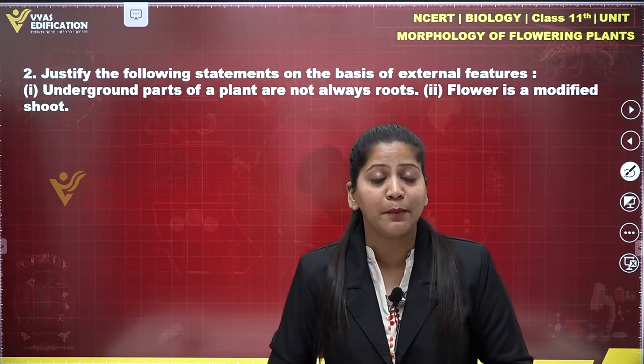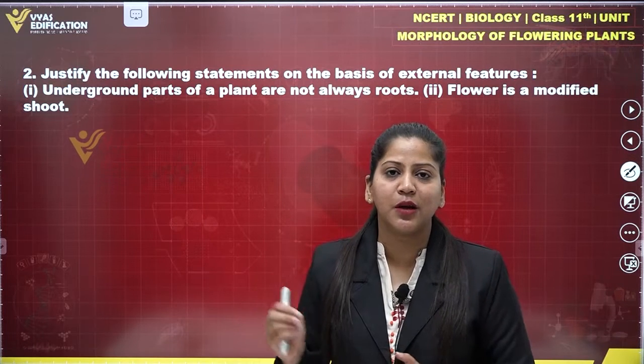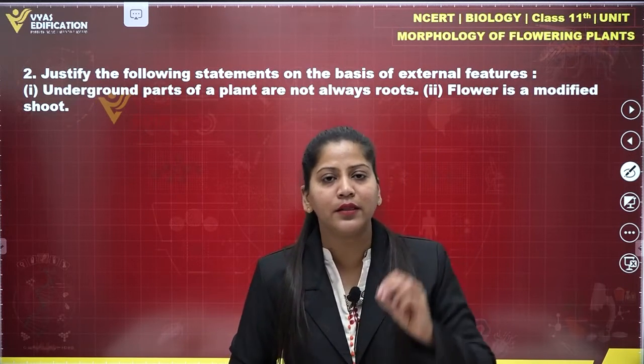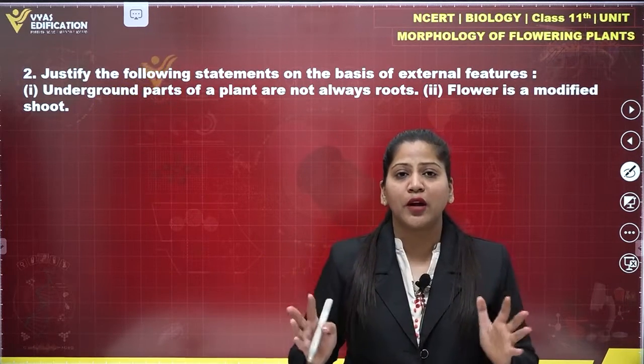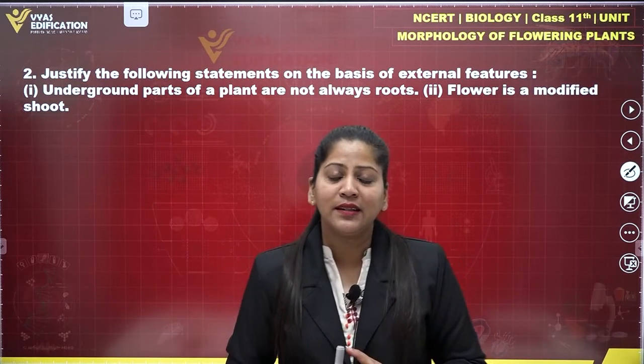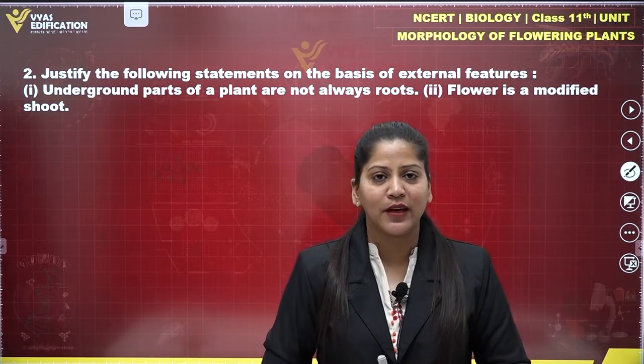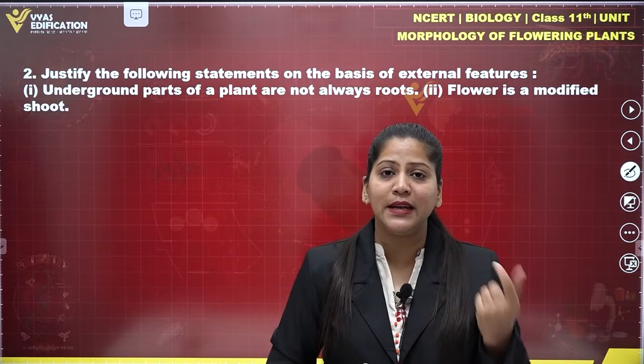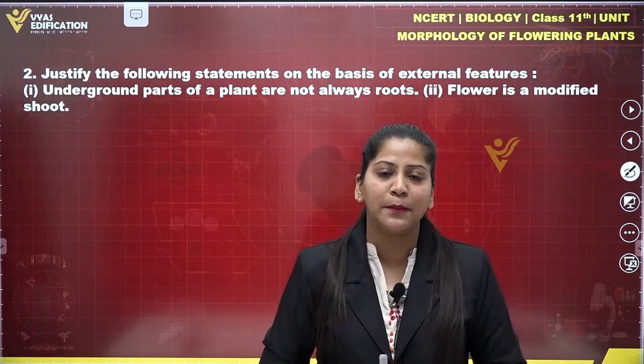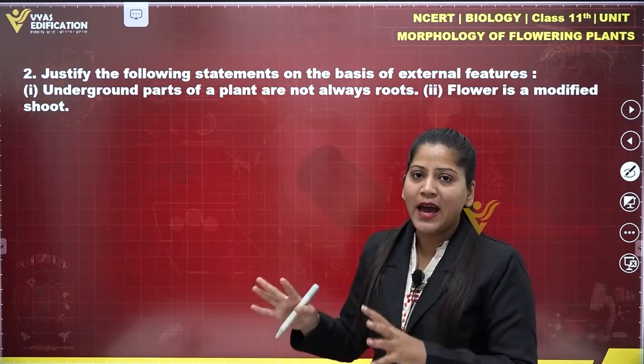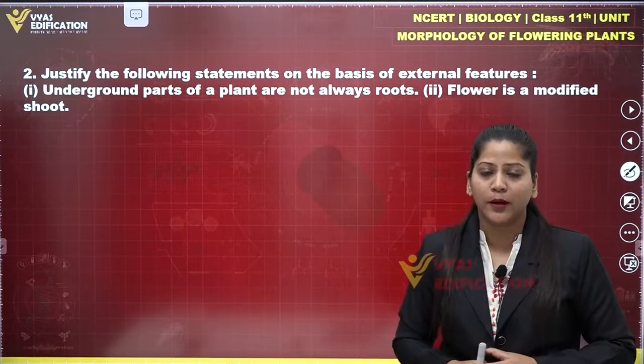These examples clearly justify statement number 1, that all structures present beneath the soil are not necessarily roots of a plant. They can be leaf, flower, or stem. So we have justified statement number 1.